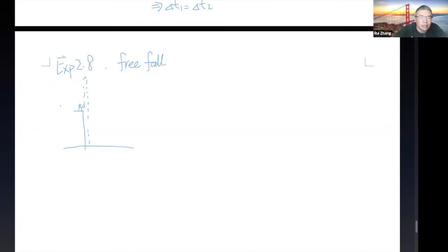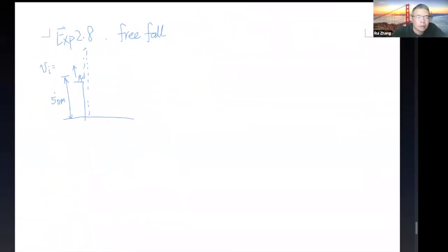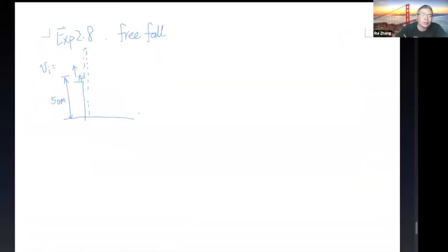First of all, the initial height is 50 meters. Secondly, the initial velocity going upward is 20 meters per second.